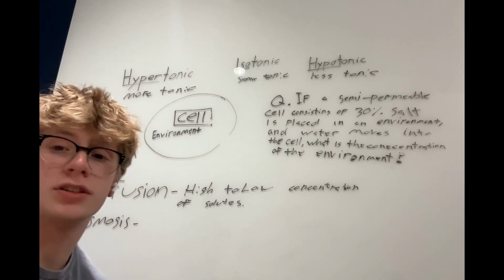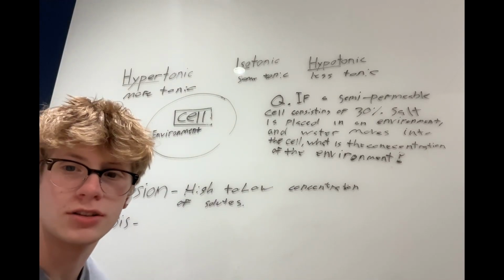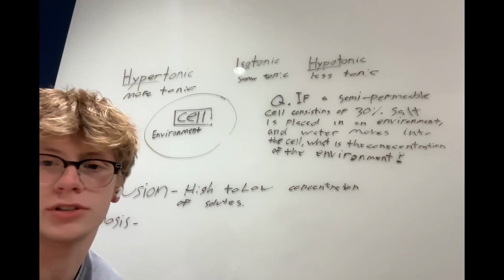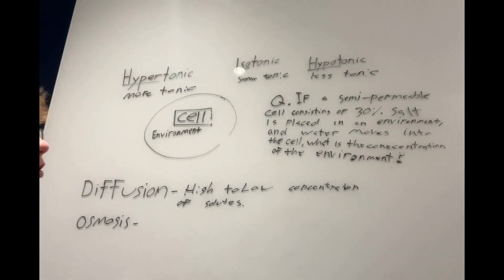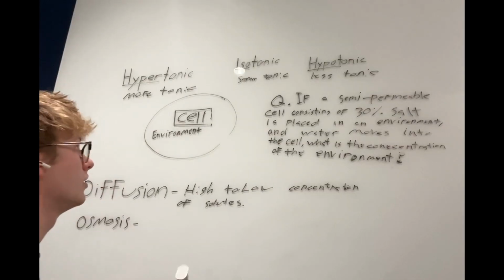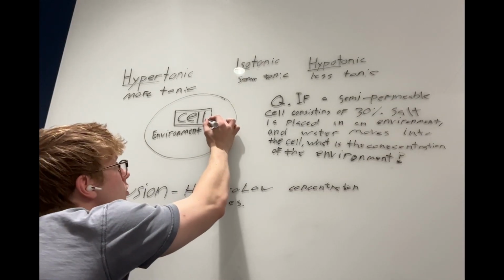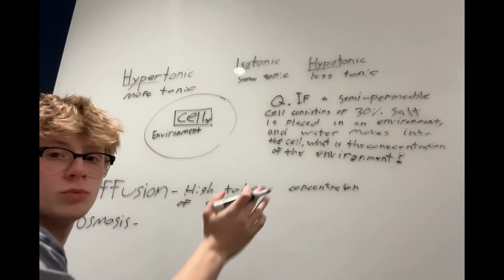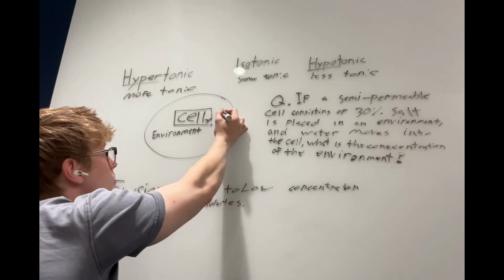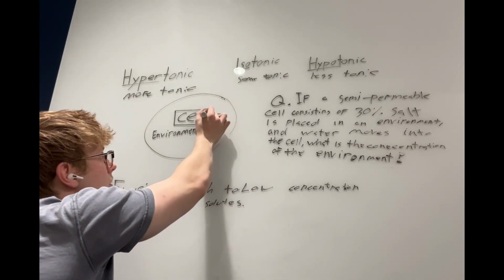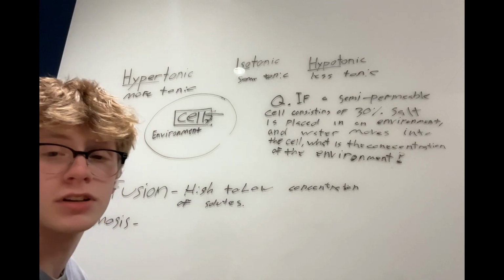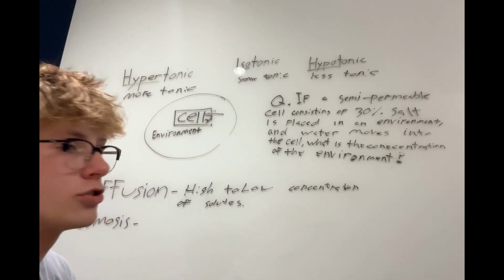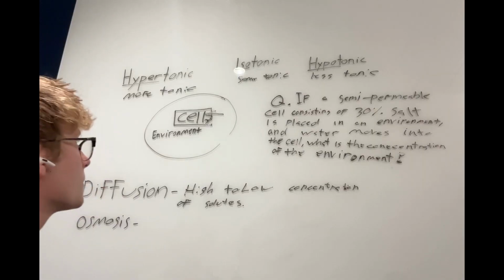This question is phrased a little bit differently than the ones you saw in the in-class activity, but the overall concept is still pretty much the same. 30% salt in the cell, so we can write that, is placed in an environment and water moves into the cell. So water is moving into the cell via osmosis because it is semi-permeable. What is the concentration of the environment?